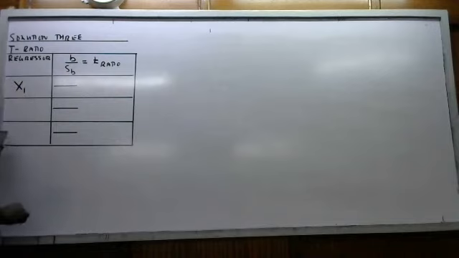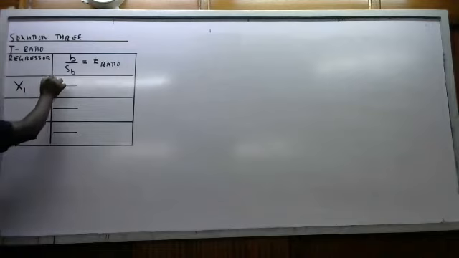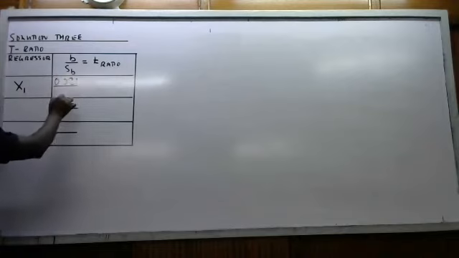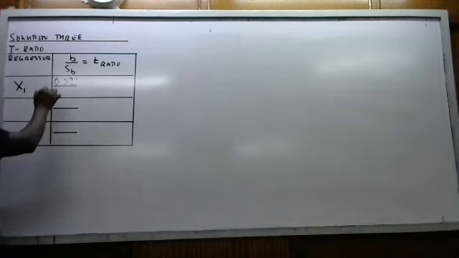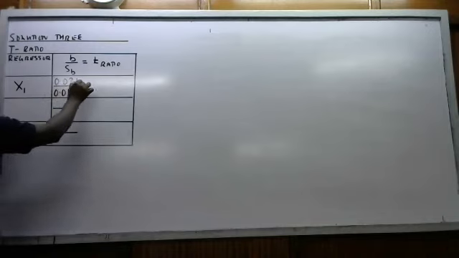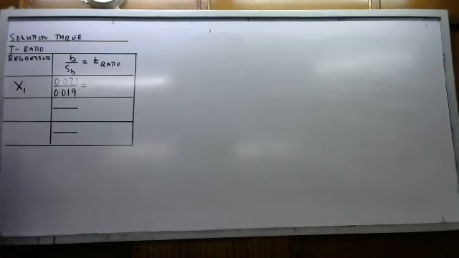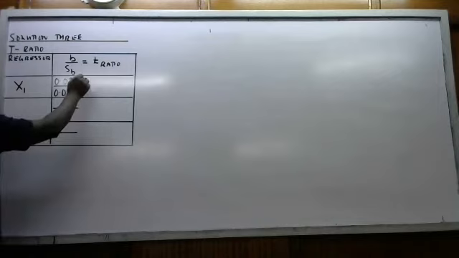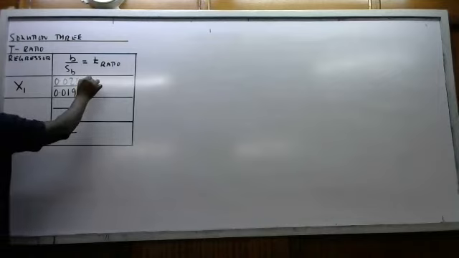The slope for X1 is 0.021. You divide by the standard error, which is 0.019. Give me the answer to 3 decimals. 1.105.